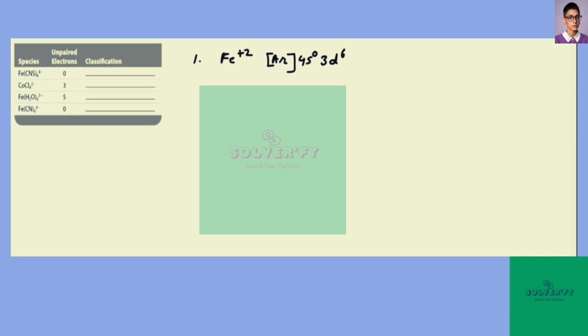Now here it is given that unpaired electrons are 0. That means all the 6 electrons are paired. That is possible only when splitting of the orbital is more. That means splitting energy is high.